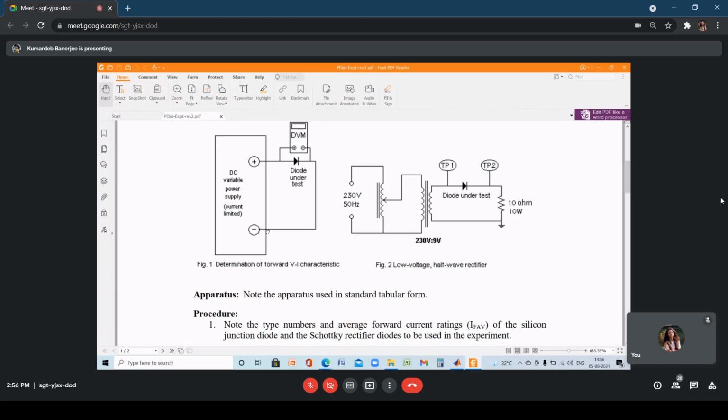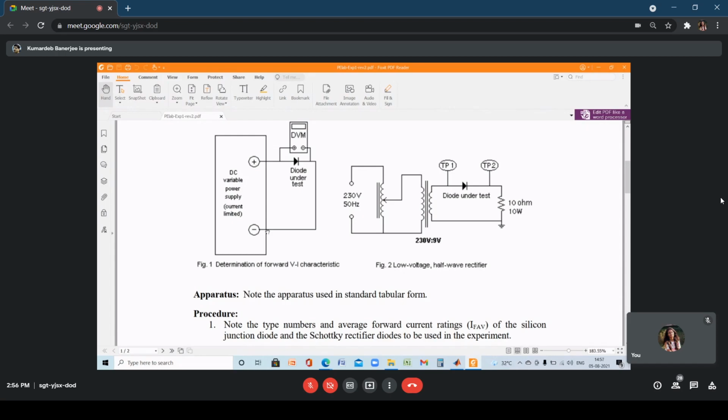Now, if you connect a DVM just across the diode terminals, then you can measure the exact voltage across the diode. So we'll record these two, right? Here the trick is you fix a current and pump it through the diode, and then using the DVM, you find out the voltage drop across the diode.